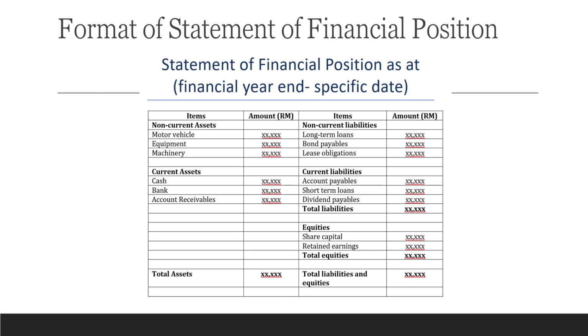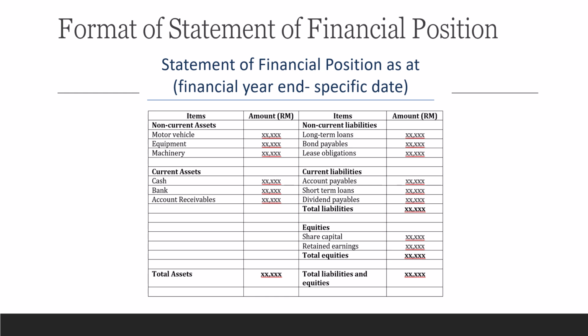Current assets, on the other hand, are assets expected to be converted into cash or used up within 1 year, like cash, bank balances, account receivables, inventories, or trade and other receivables. The totals of these two categories give us the total assets.